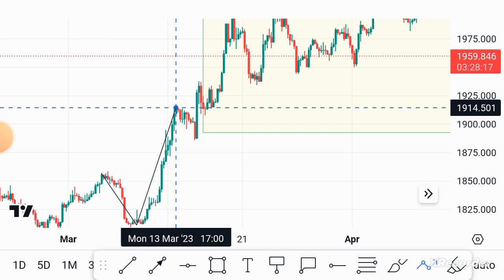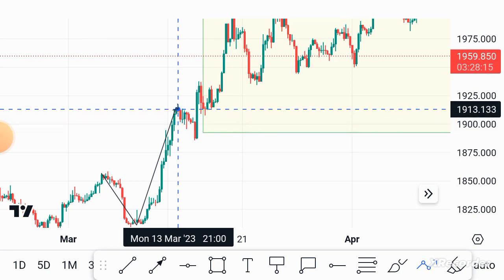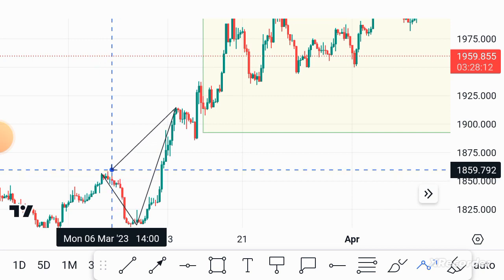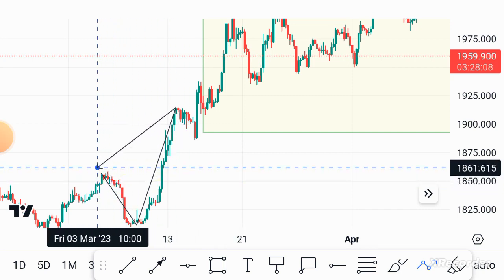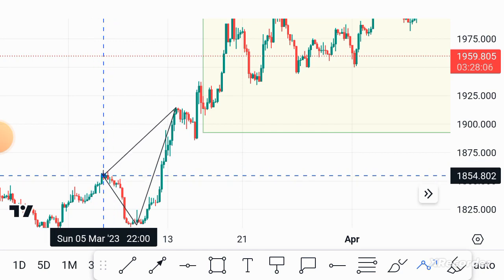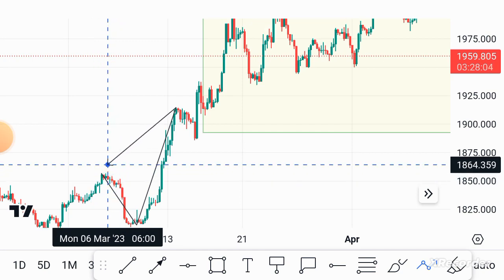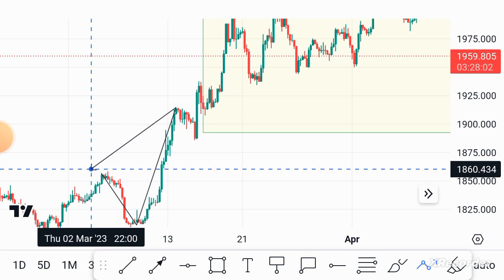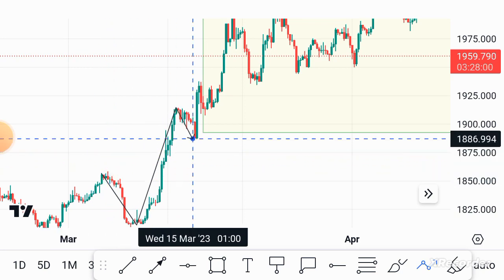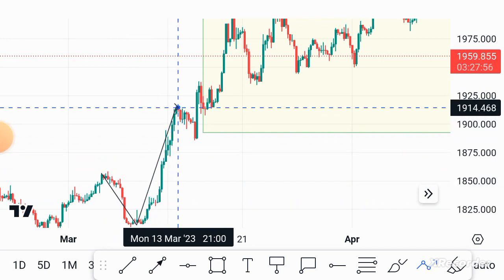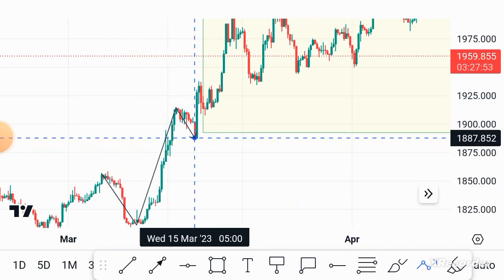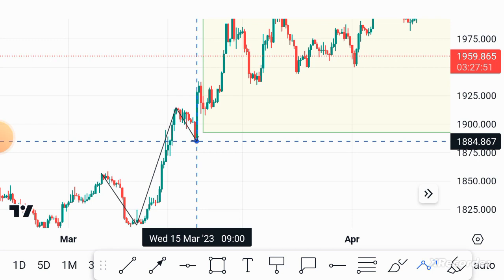It got to this point, it gave the impulsive leg, got to this point, it broke the previous lower high. It broke the previous higher low. In uptrend, we have higher highs and higher lows. So it broke the previous higher low, and it got to this very point with an impulsive price movement. It got here, and we have a correction. So this is a correctional leg.